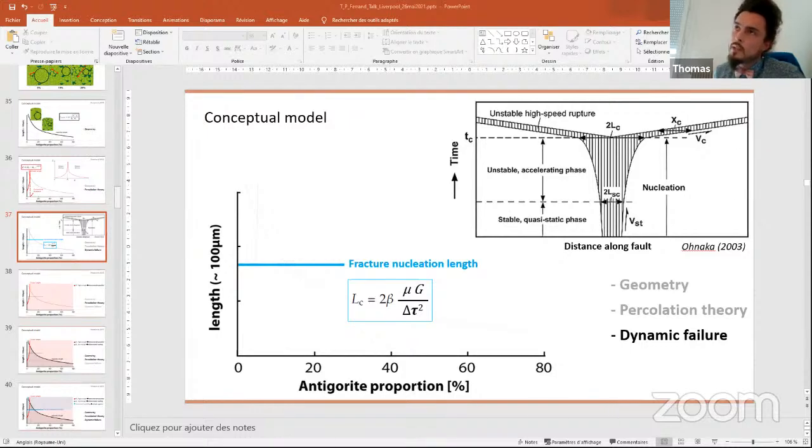This would probably be applicable for a certain depth, or let's say pressure window, but when you are very close to the surface, probably cracks take a significant role in the transport in the balance.